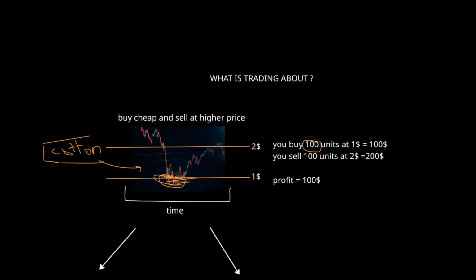When price rises and reaches $2, you sell your eggs. Now you're selling for 200. You bought for 100 and sold for 200, which gives you a profit of 100.